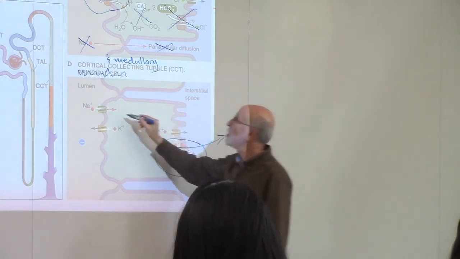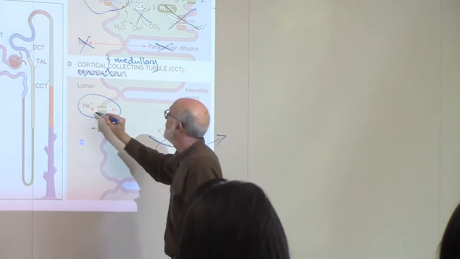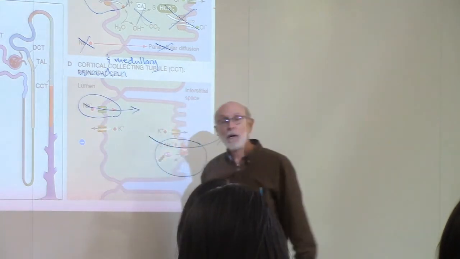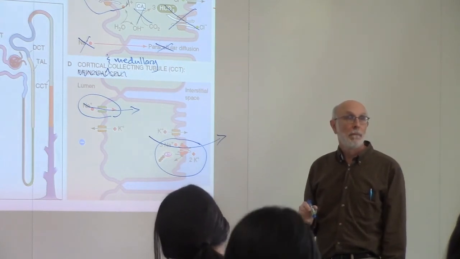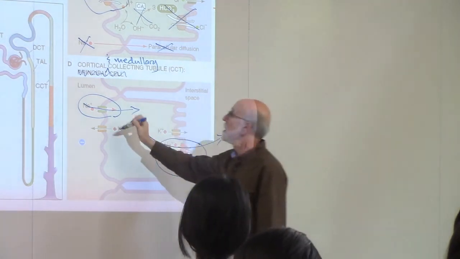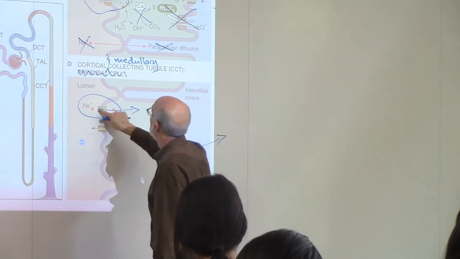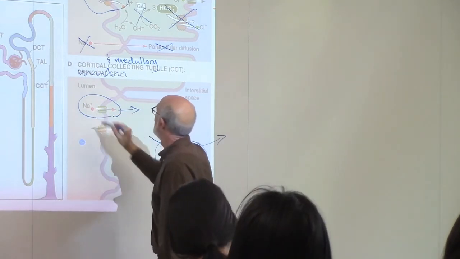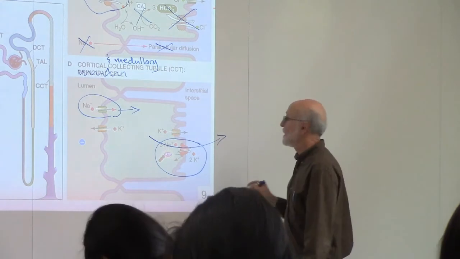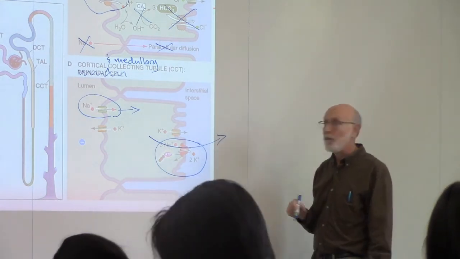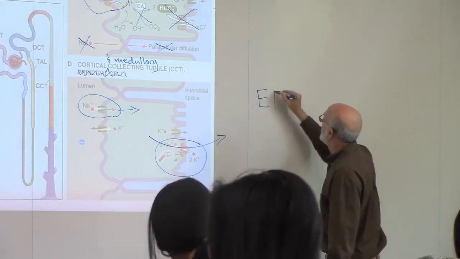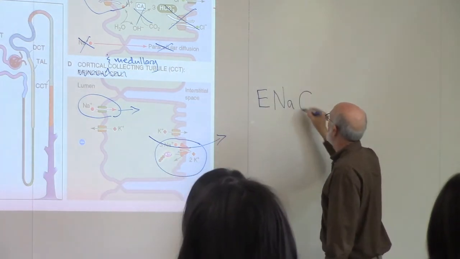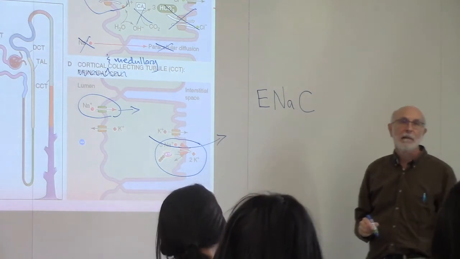Now, we have sodium flowing, not by a co-transporter, but by a channel. This is an ion channel. It's got a name, which is going to be helpful. It's called the epithelial sodium channel, ENaC for short.